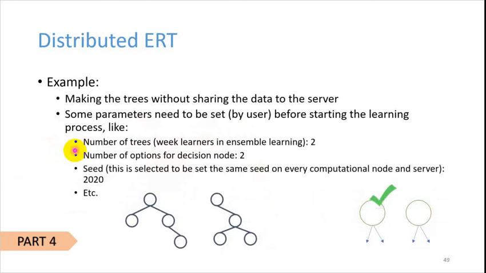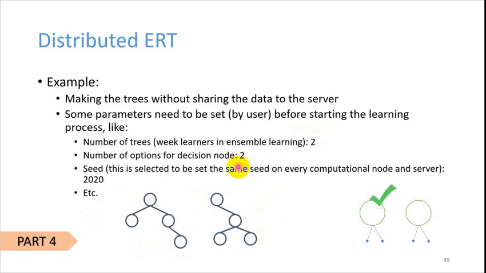So we want to learn the trees without sharing the data, and for learning based on the ERT algorithm, we need to set some parameters before starting the process. First, we need to know how many decision trees we want to learn. Here, we decided that we want, for example, 2 trees.